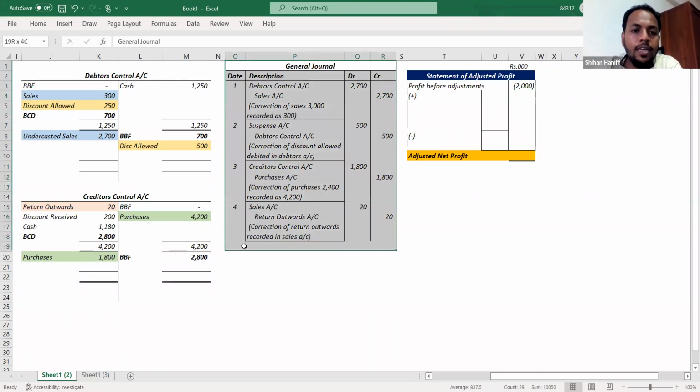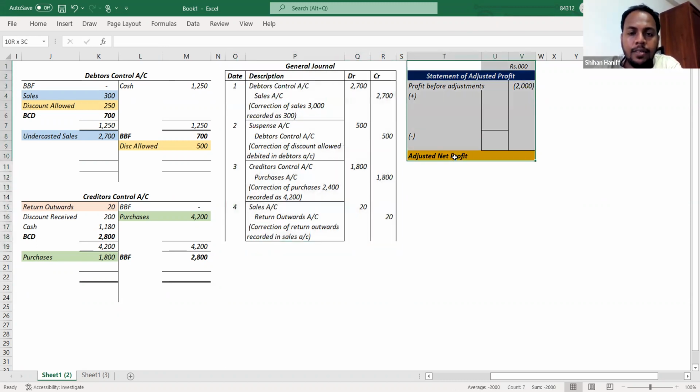Once you are done with the general journal, when preparing the adjusted profit, you have to follow some simple methods. Tell me, what are the accounts that will affect the profits?